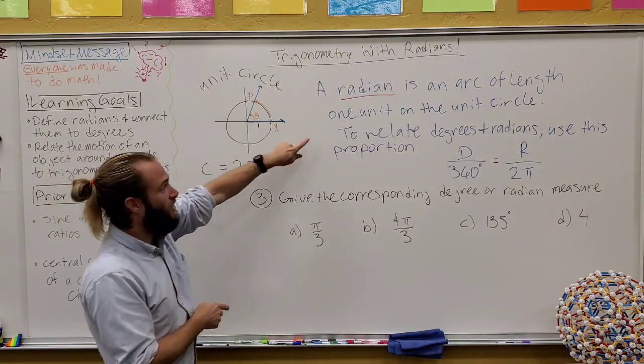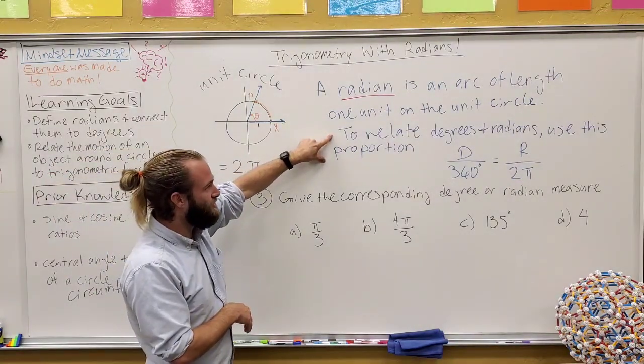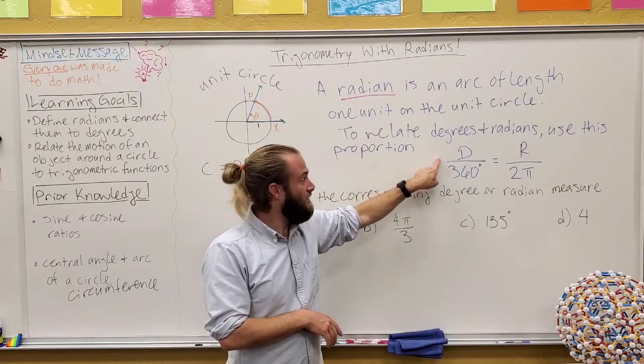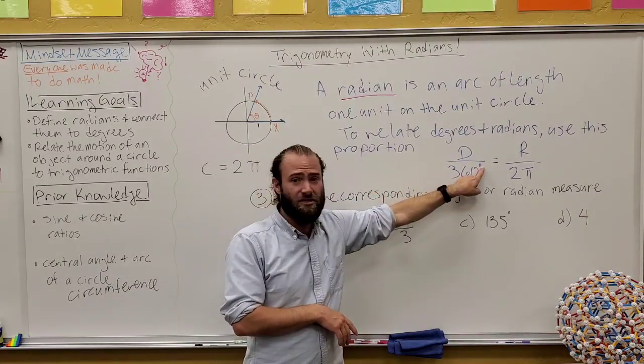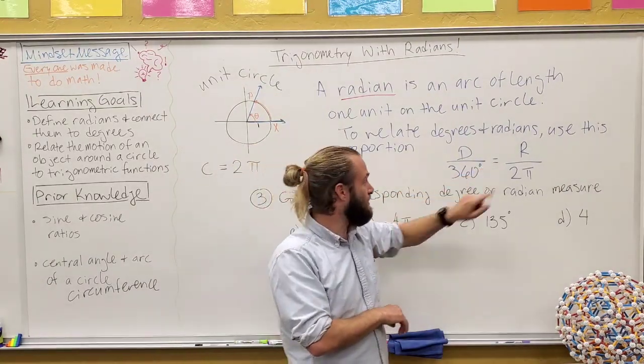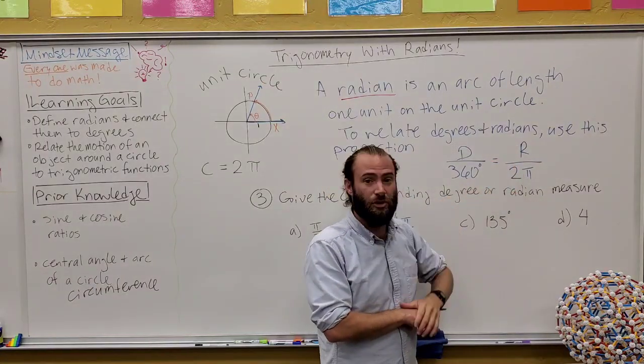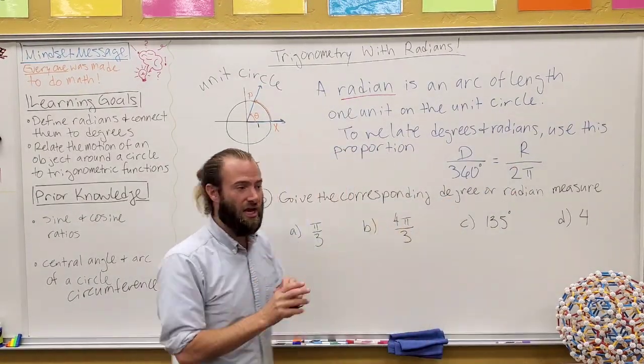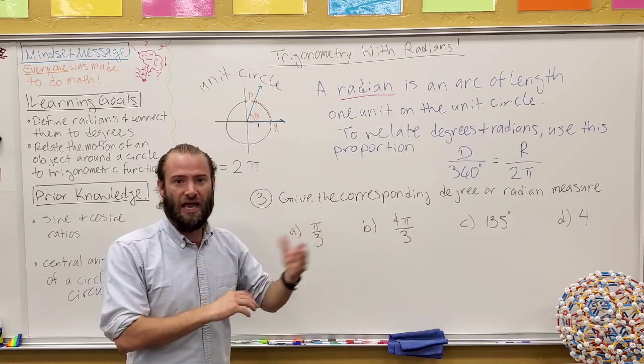Okay? Now, just like we saw, to relate degrees and radians, we use this proportion. D over 360 degrees, again we use that symbol when we're talking about degrees, equals R over 2 pi. And that can always be used to find the corresponding angle measure.